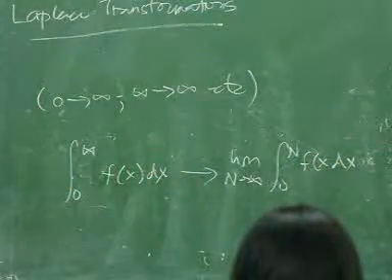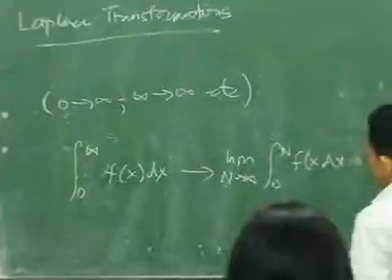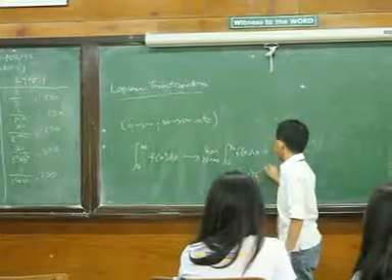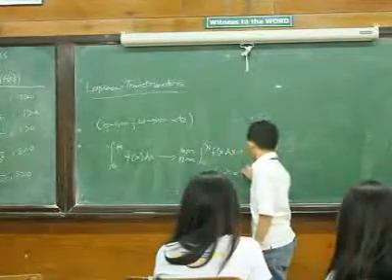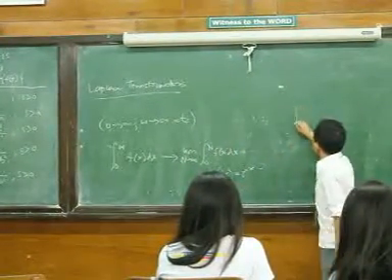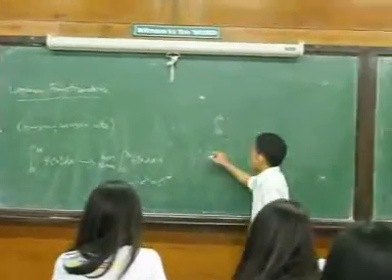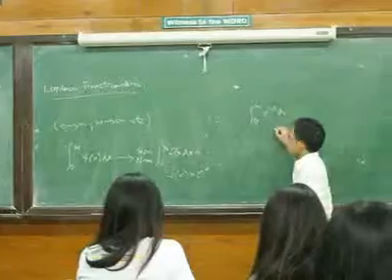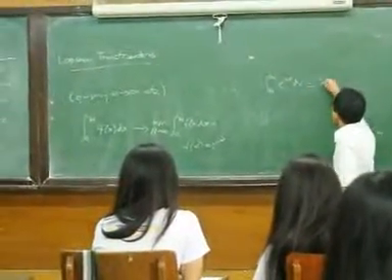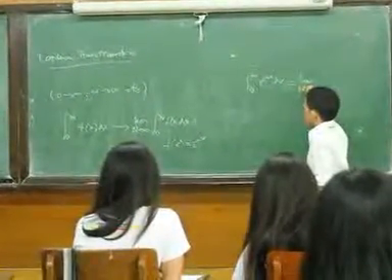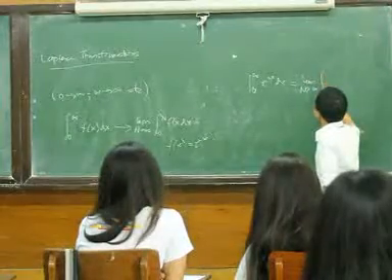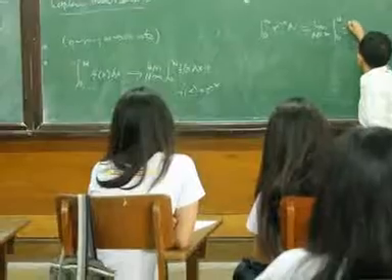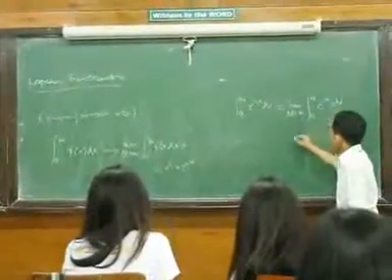So let's try to solve one problem. Let's say f of x is equal to e to the negative x. If we evaluate the integral of e to the negative x dx, then as n approaches infinity, this is from 0 to n of e to the negative x dx.